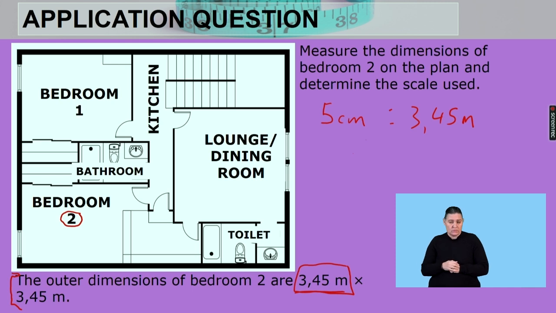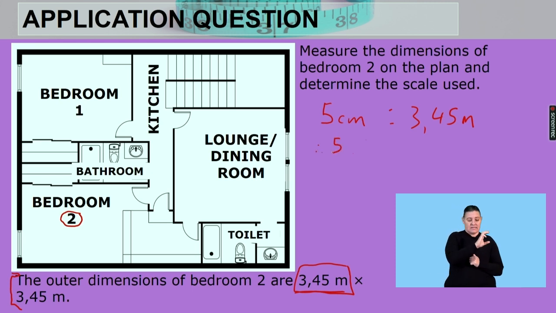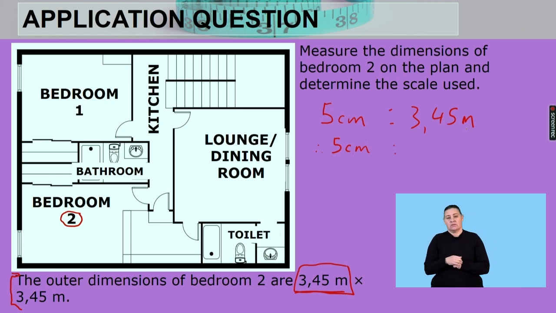Okay, so what we've got to do here now is get both units of measurement to be the same first, because there's two parts to this. Therefore, 5 centimeters is to, I'm dealing in meters there, so let's times it by 100 to convert from meters to centimeters. And I get 345 centimeters.